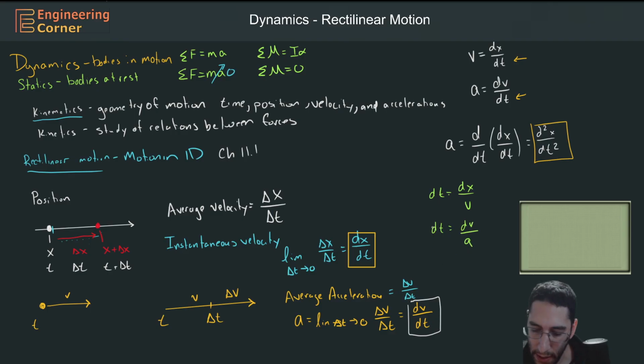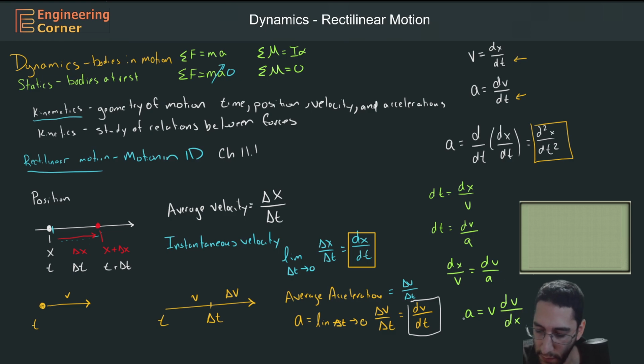If we equate these two, so that dx over v is equal to dv over a, and we solve for a, we get that acceleration is equal to v dv over dx.